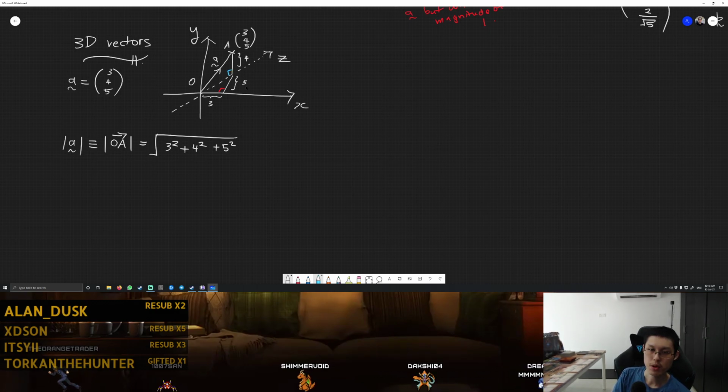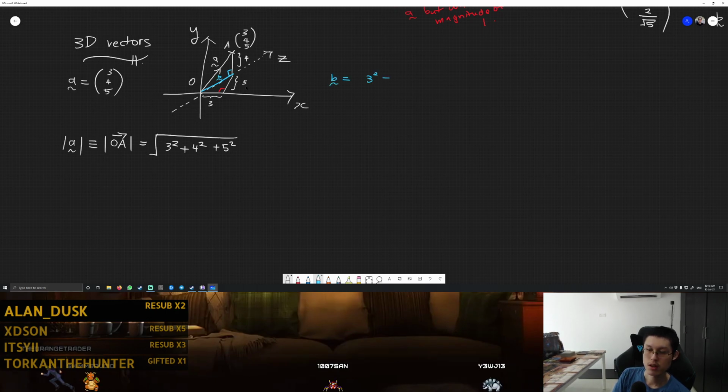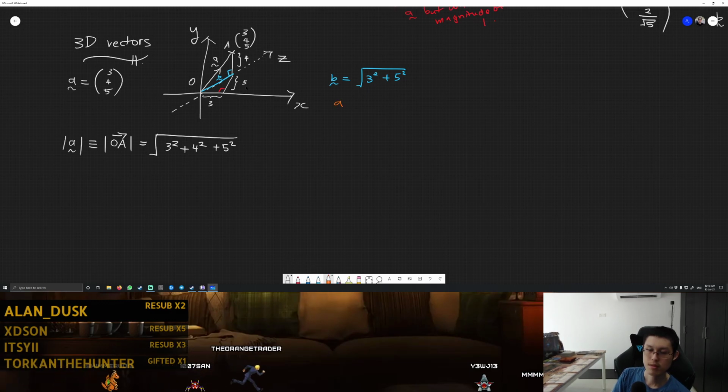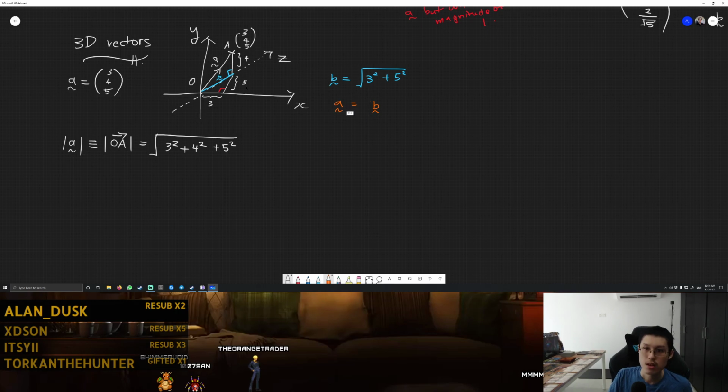So if you want to find the vector A, we need to find this blue line first, the length of this blue line. So the length of the blue line, we'll call it B. Okay, so B is going to be 3 squared plus 5 squared. Square root of that. So now to find A, we can do the Pythagorean theorem again. So that would be B. Hang on, I forgot to put a magnitude here.